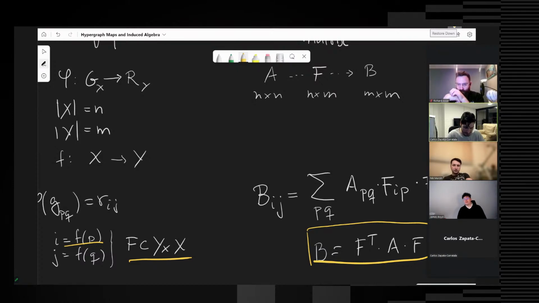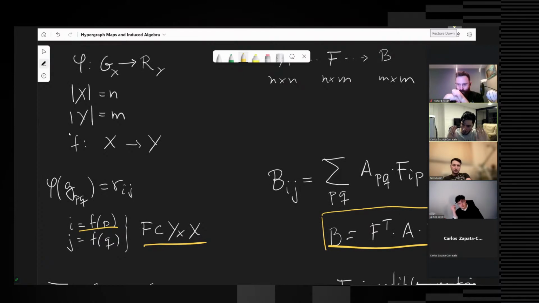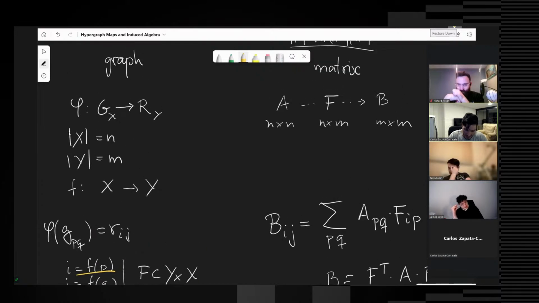Okay, so this is a review of something that works for graphs. But the important thing here, always looking at the eigenvalue problem, or how to generalize this, is that F is a rectangular matrix in general.